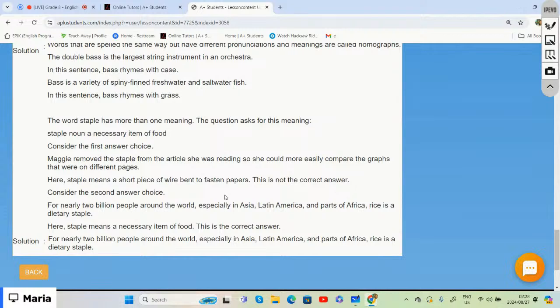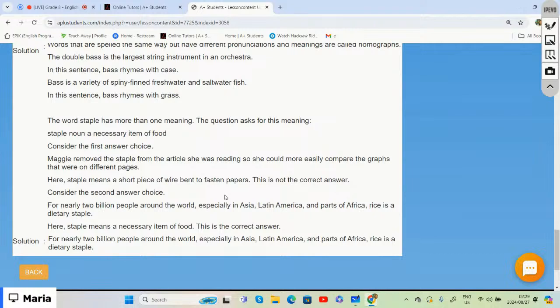And it says Maggie removed the staple from the article she was reading so she could more easily compare the graphs that were on different pages. So in this case, staple is when you staple pages together to make a document or a little booklet, and that is a short piece of wire that is bent to fasten the papers. And then we said staple is also food, like your rice.